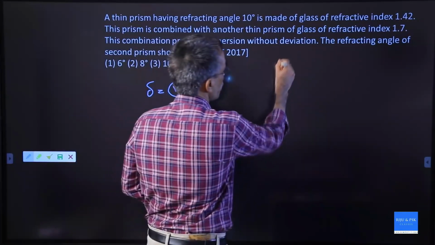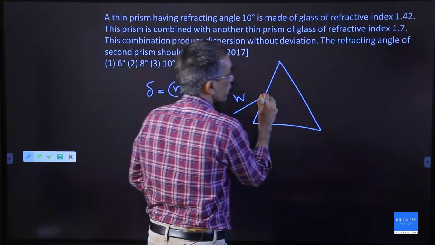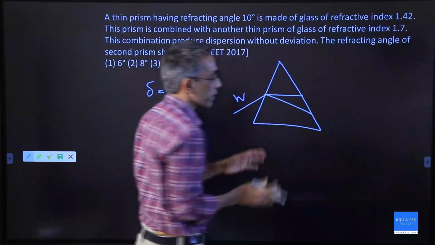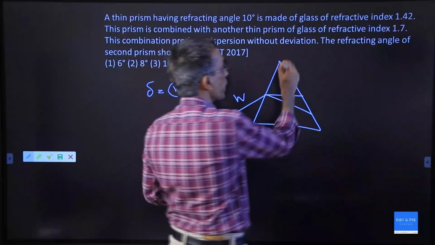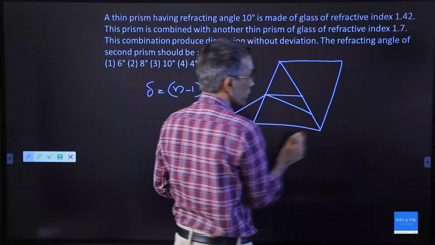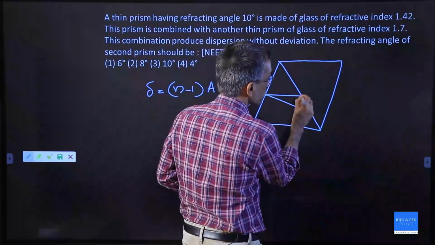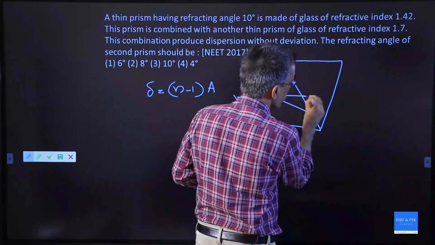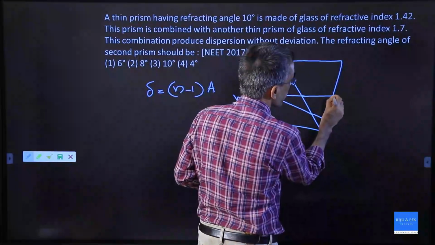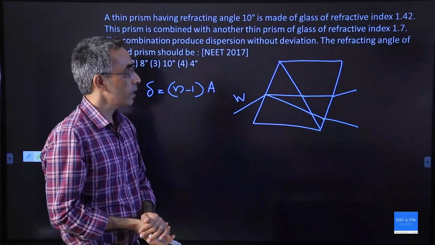Understand that when you have one prism like this, and if you pass white light, violet colors will split, you will get a spectrum. Then if you place another prism inverted here with a proper refractive index, then these light rays will join, they can go like this and get a dispersion, till you get a wider dispersion.